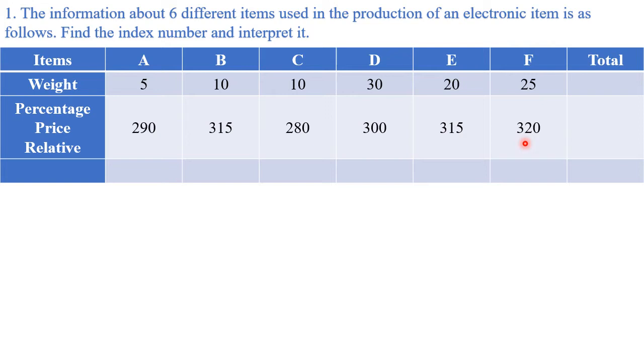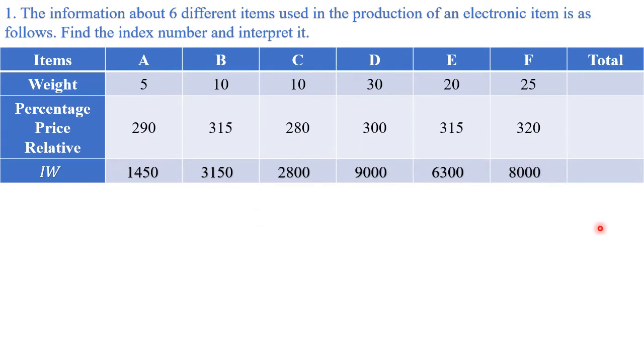What we need according to our equation is summation IW divided by summation W. So the weight here is W, and weight and index numbers are directly given. So we need to start with IW, that is multiplying weight with the index number, that is the percentage price relative. So multiplying these values will get us these answers here like this.